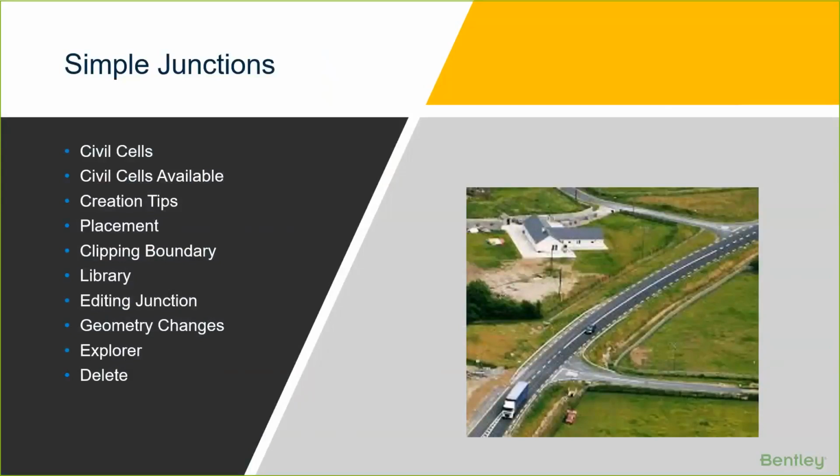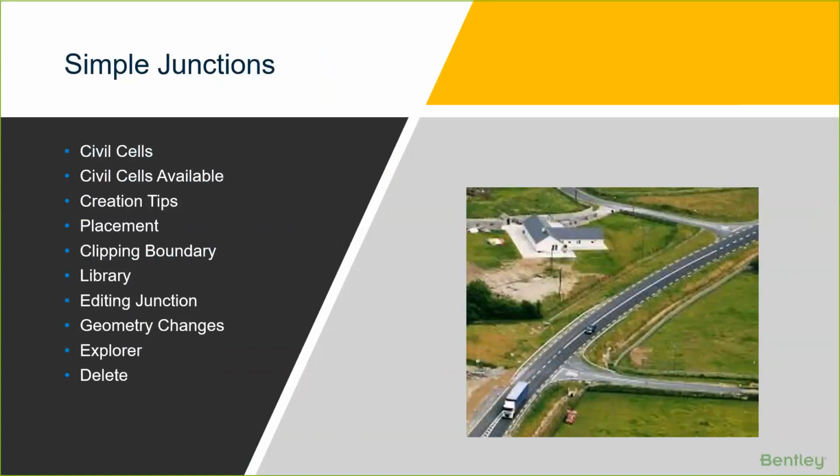It's distinctly possible that if there's demand, we may include an hour session on creating civil cells some way down the line. More than happy to do that if people think there's a need for that. I certainly think it's something that people should be aware of that you can do. So there are some small creation tips.